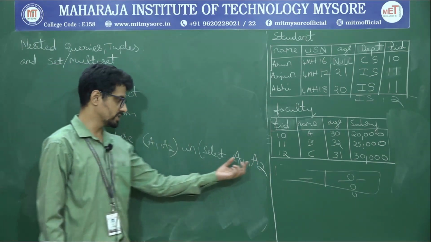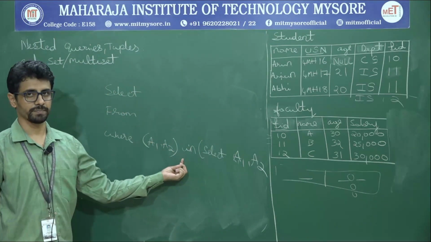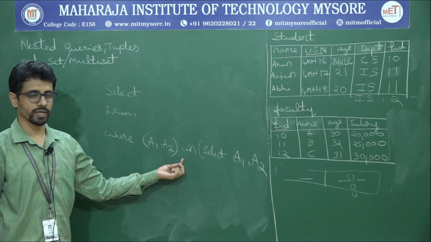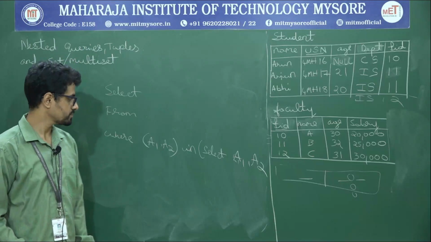So if you have 2 attributes selected in the inner query, the same can be compared with 2 attributes by using the in operator, multiset. This is also possible, and we'll see some examples of this also.